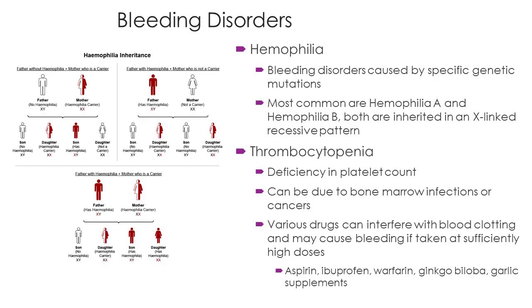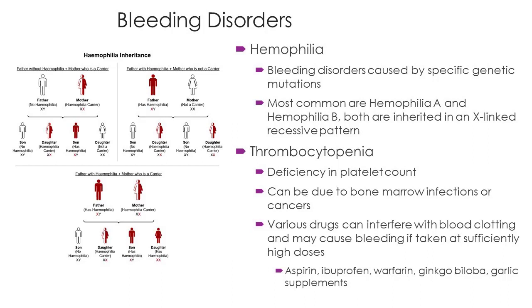No. I tried to trick you. Y'all know my trick. Because they're only going to get that one bad X from dad to the girls, but mom's not even a carrier, so the boys are going to be just fine. But notice all of the girls are going to be carriers. So that means their offspring might be at risk.